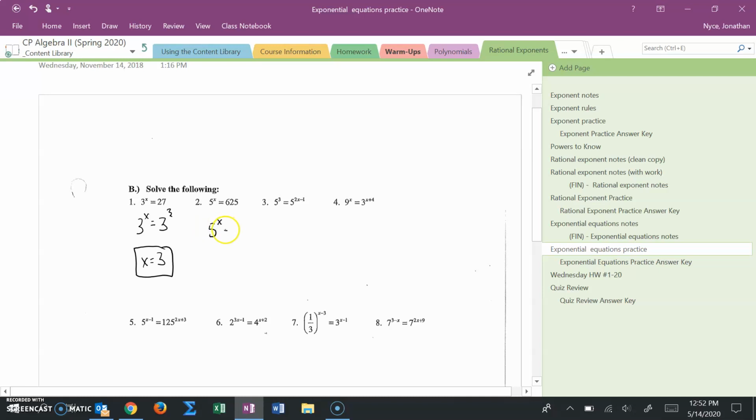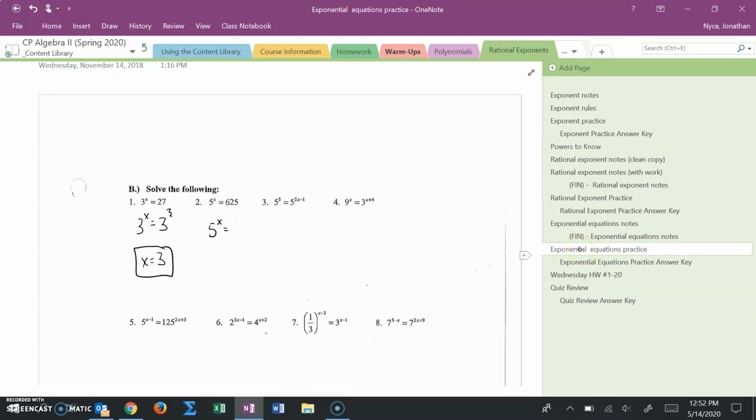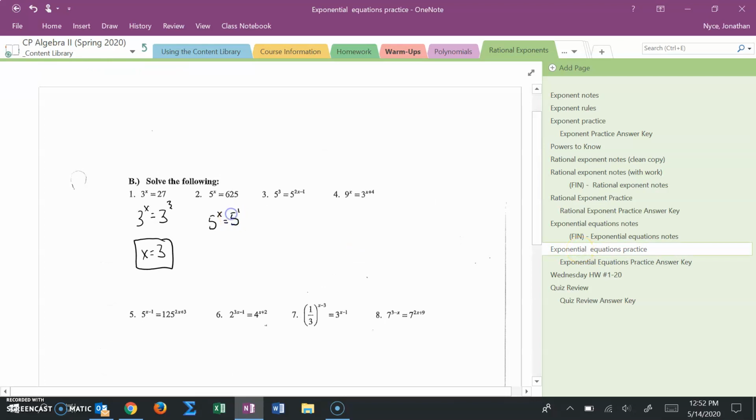For number 2, 5 to the x equals 625. My powers to know, I know 625 is 5 to the 4th power. And if you don't have these, you can certainly use a calculator to find them. So 625 is 5 to the 4th, then x has to be equal to 4.